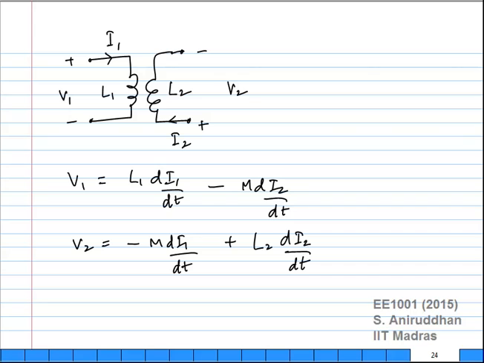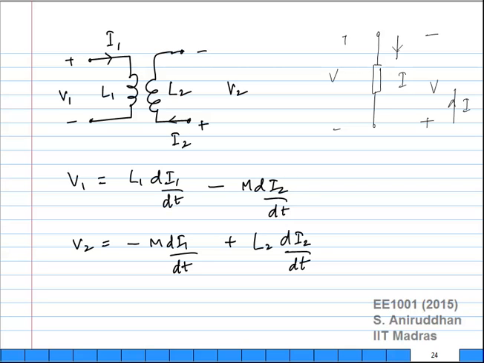Remember, we have already shown that if you have an element with voltage V and current I, you could take this as minus V in the opposite direction, minus I in the opposite direction, and so on. The important thing to note is that this is just a symbolic representation of the element. I could have chosen my current and voltage variables in this direction also. That is the point. These are just variables, representative directions you are choosing.